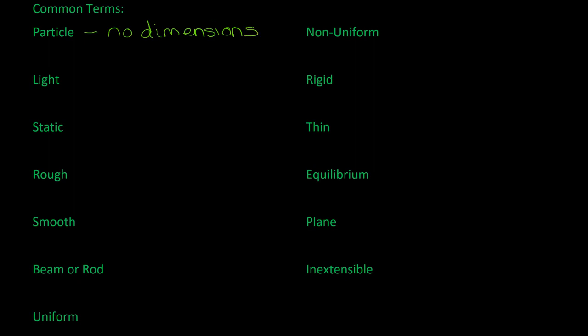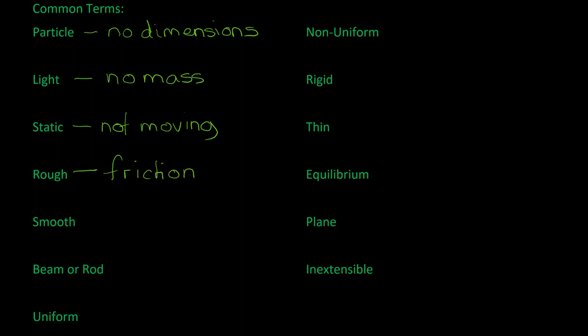If it's light, then it means it has no mass. If it's static, that means it's not moving. Rough means that you will have friction involved in the situation, whereas smooth means that there's no friction.